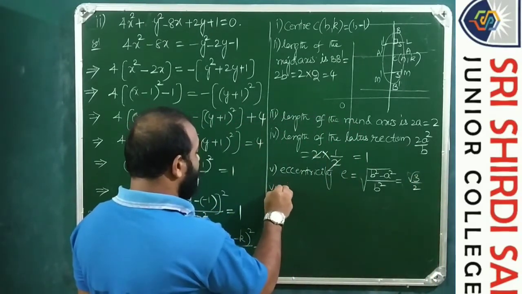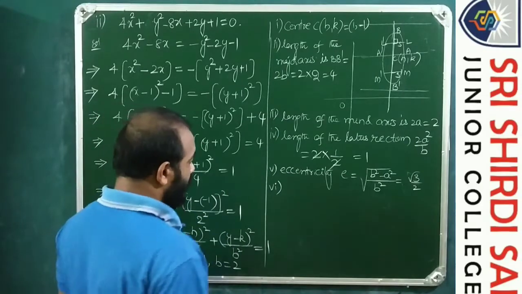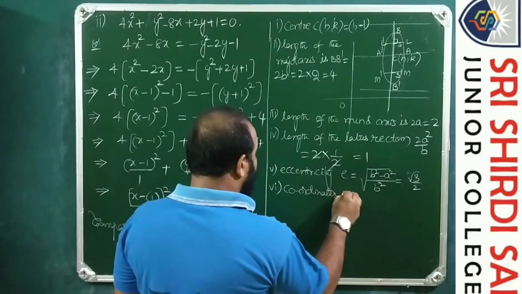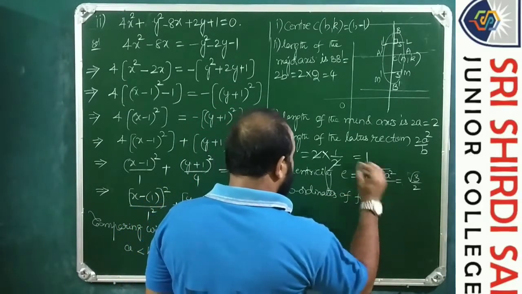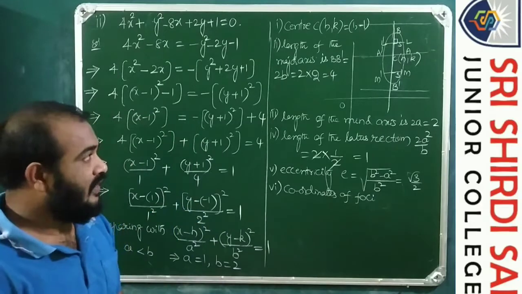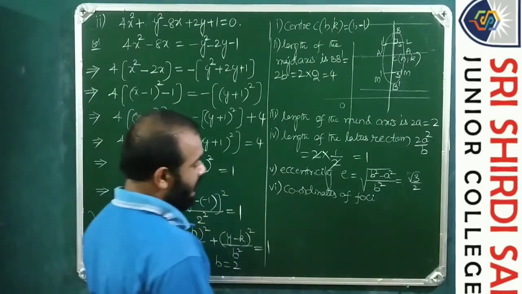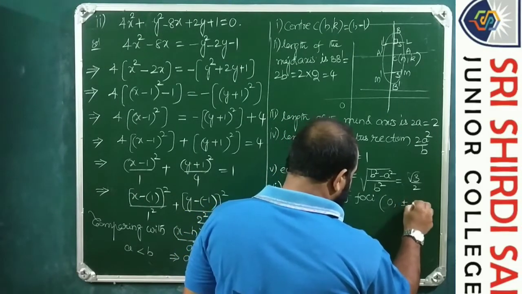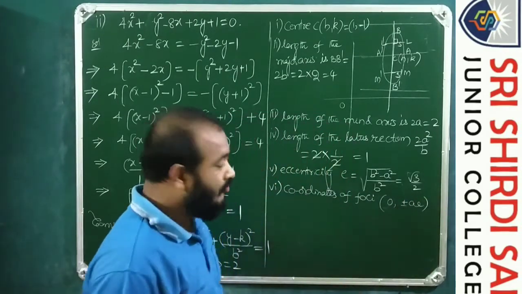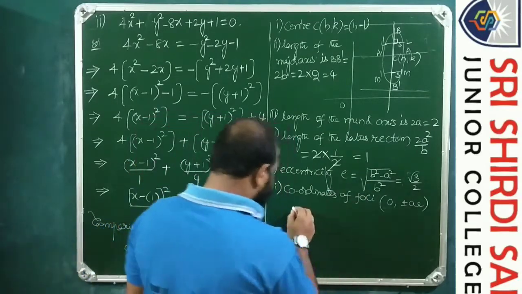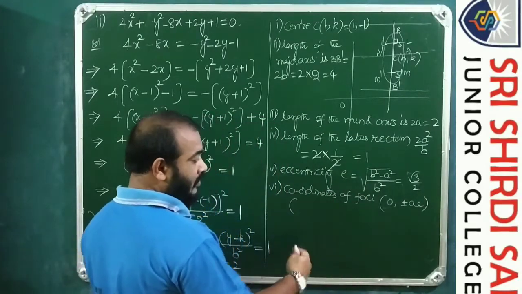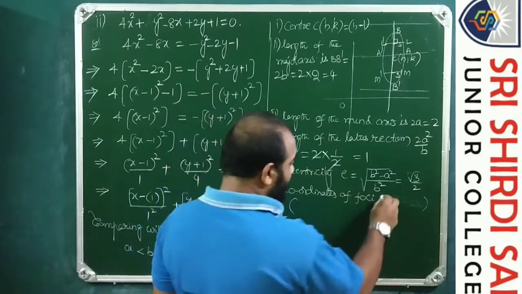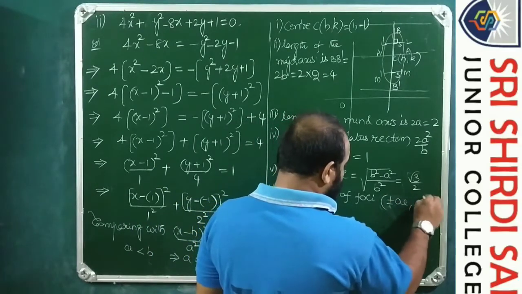Now the next one. So coordinates of foci. For a greater than b ellipse, plus or minus AE comma 0.